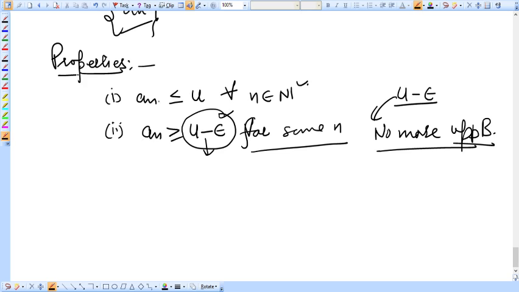If we subtract anything, however small, it would be no more an upper bound.